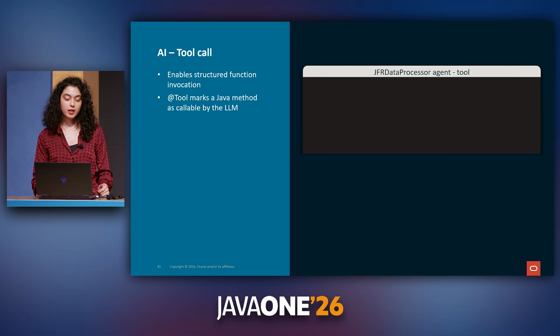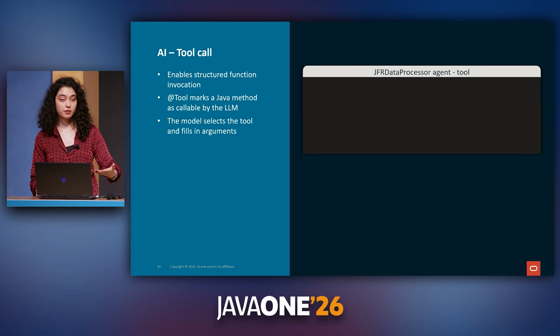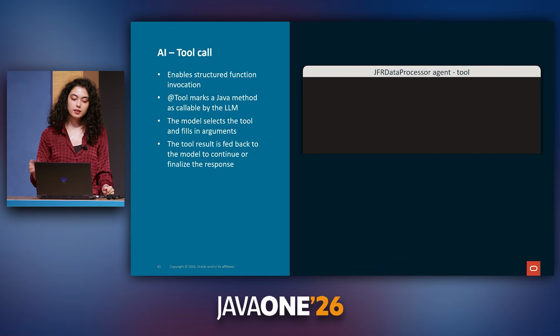As in the example, an agent can have access to several tools, and it selects the suitable one at that time, fills up the arguments, and calls that method. Eventually, the tool result is fed back to the agent's model to continue or finalize the response.